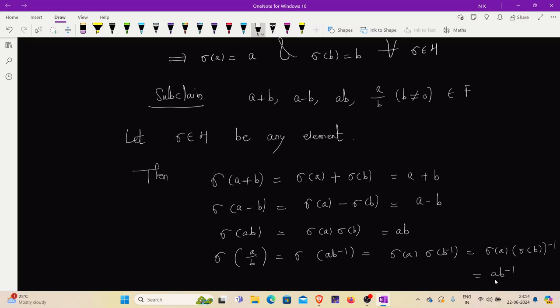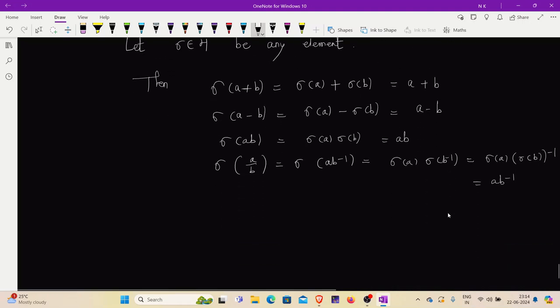So this clearly implies that addition, subtraction, multiplication and division, or it could have been sufficient if we have proved it for inverse only, that is sigma of a inverse is equal to a inverse itself. Anyway, we have proved it for a upon b, so that doesn't matter.